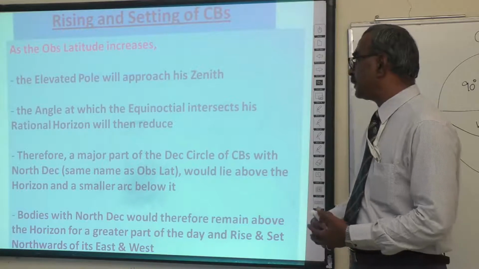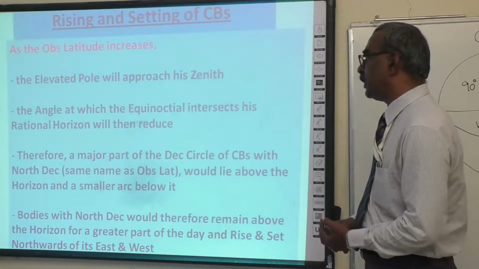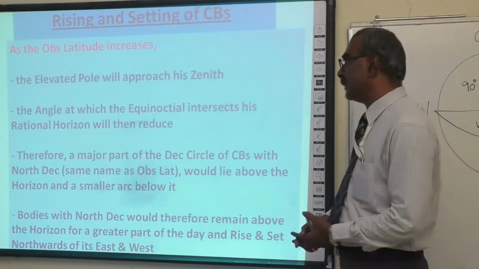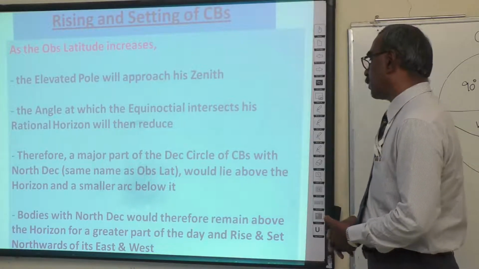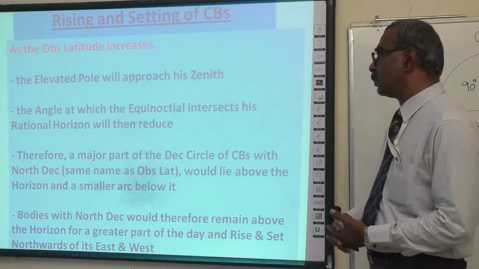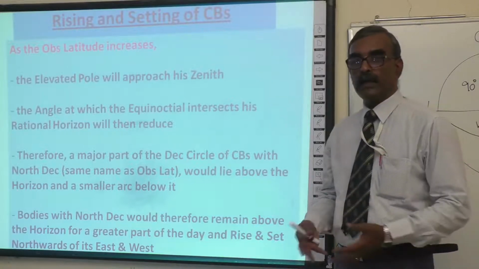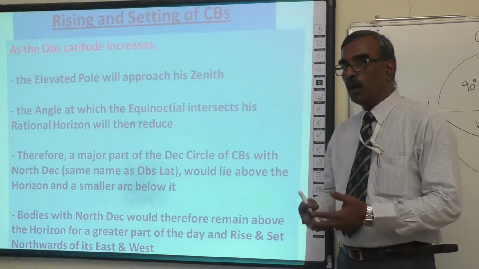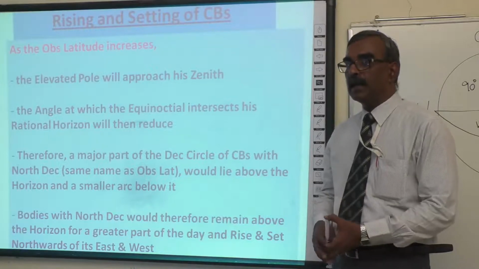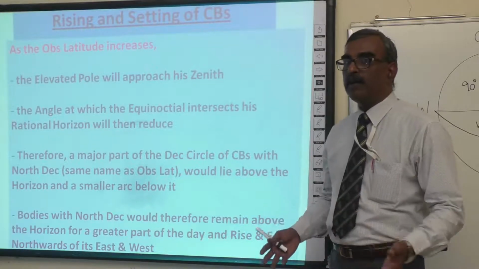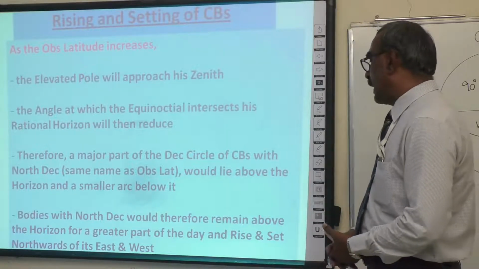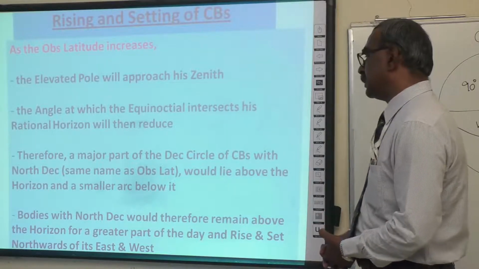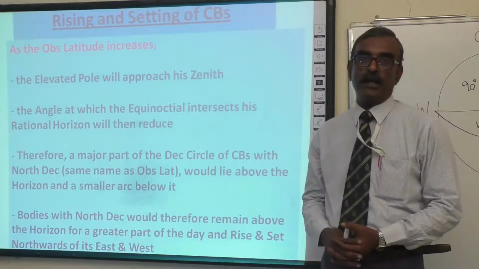Therefore, a major part of the declination circle of a celestial body with northern declination, the same name as the observer's latitude, in this case north latitude, would lie above the horizon and a smaller arc below the horizon. So a body with northern declination would be visible for a longer duration during the day. And it rises and sets northward of its east-west point.